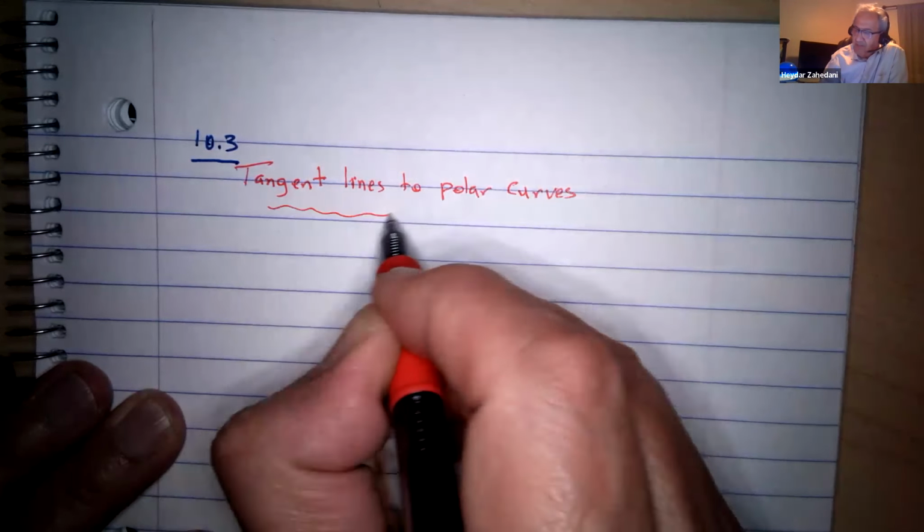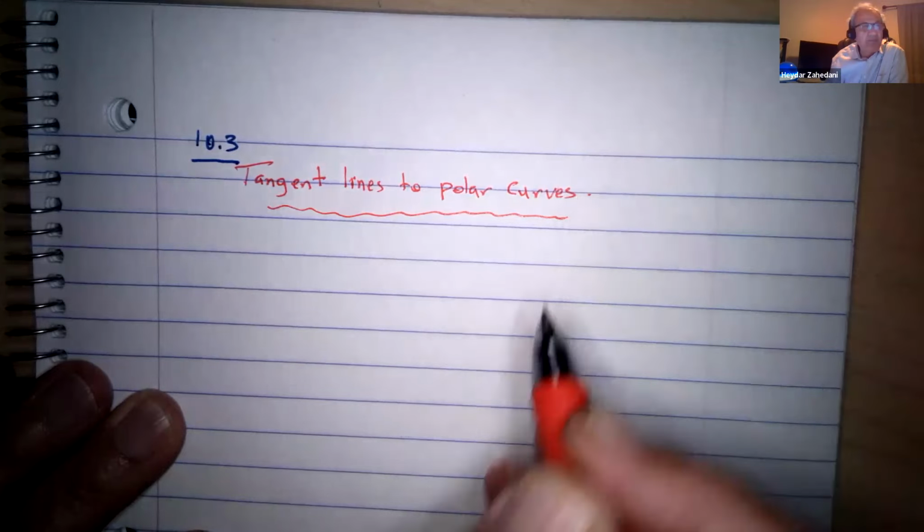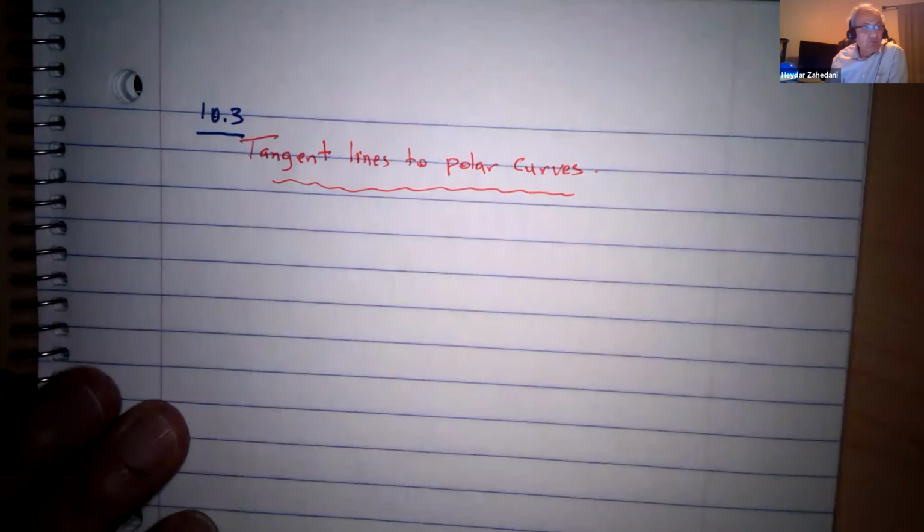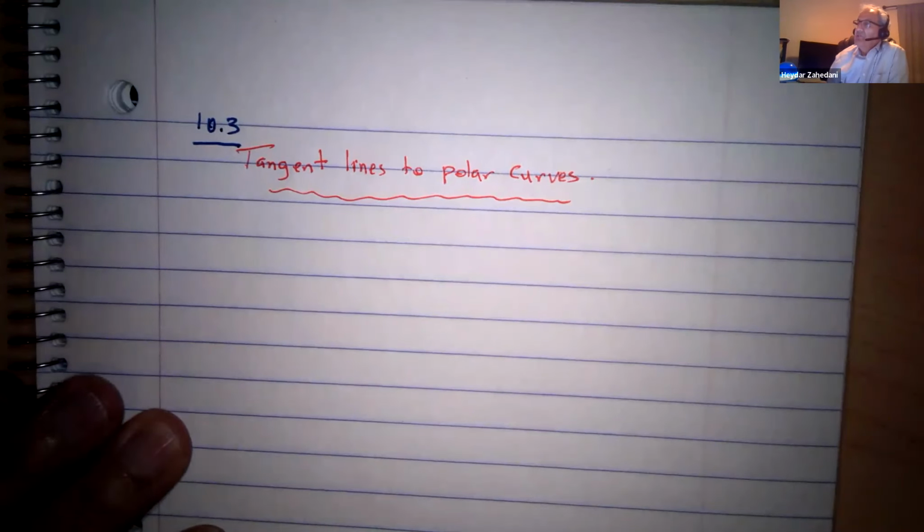You know that in the case of the usual tangent line problem, the idea is to find the slope. We can find the slope of a tangent line if the function is given to you in terms of y equal to f of x. Then f prime is going to be the slope of the tangent line. So how are we going to do it if your equation is given in polar form?